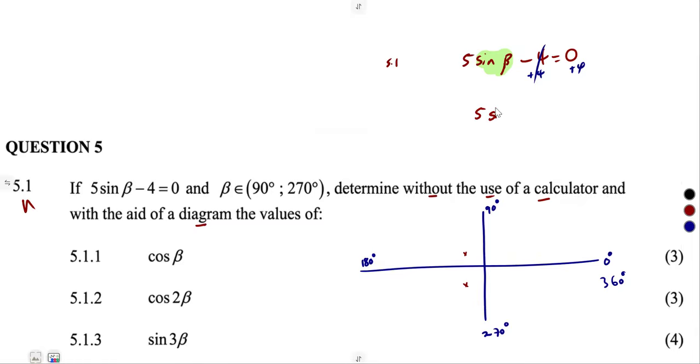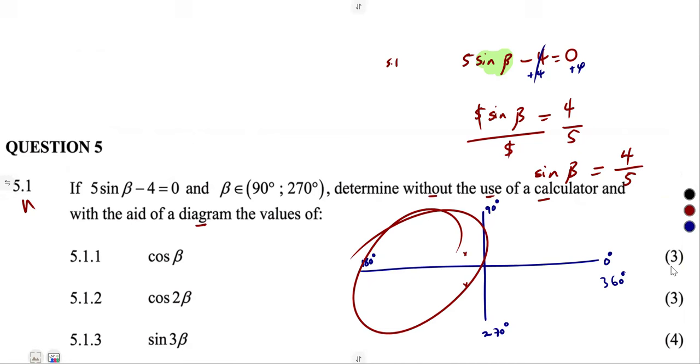So 5 sine of beta is equal to 0 plus 4, which is 4. To determine the sine of beta, simply divide by what? By 5, both sides of your equation. So that was going to be positive 4 over 5, which tells us the quadrant where sine is positive, because we have got these two quadrants, guys. Which quadrant is sine positive?